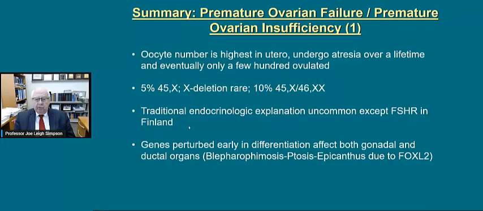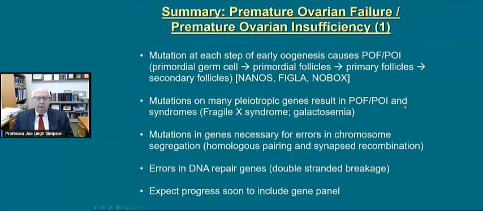Traditional endocrinologic explanations were uncommon except for the FSH receptor in Finland. There are a few genes that were perturbed in early differentiation and therefore affect both gonadal and ductal organs, and we've illustrated a few like that, but again, these are relatively uncommon.